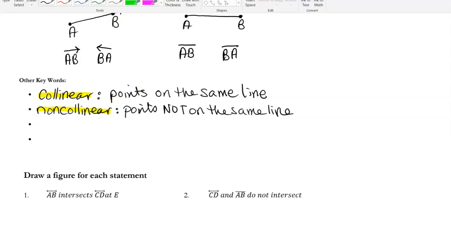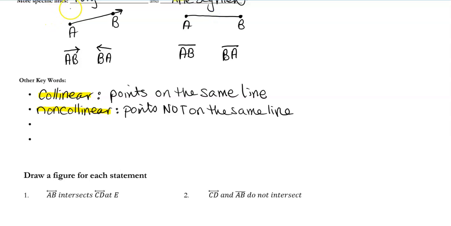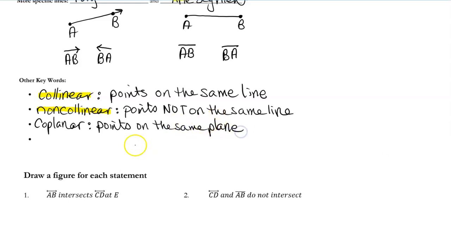Okay, so just like we have collinear points, points on the same line, we also have something called coplanar points. And this is what it sounds like. They're coplanar, which is the word plane, so points on the same plane. And just like non-collinear, we are also going to have non-coplanar.